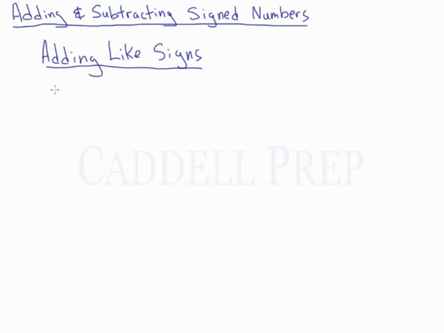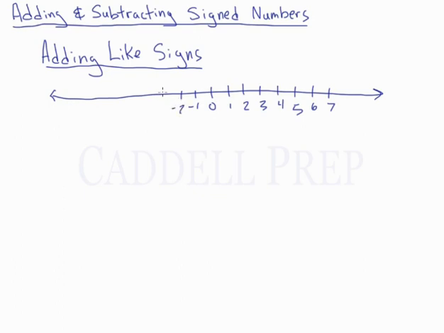Okay, I'm just going to draw a number line here. Help us out a little bit. Alright, so let's look at a regular example, which we all know. 1 plus 3.